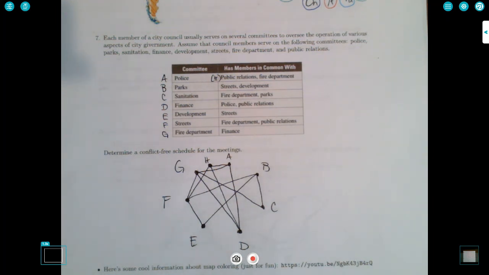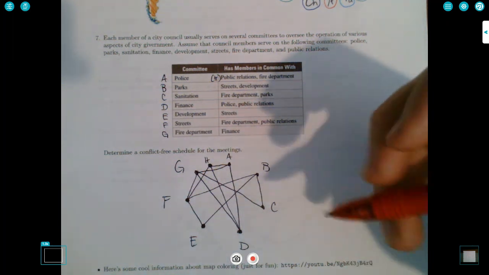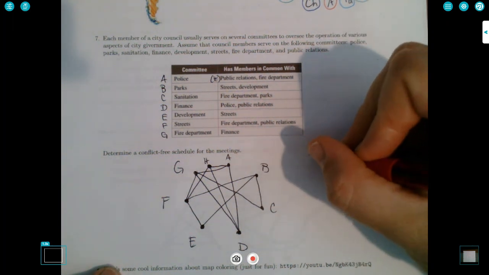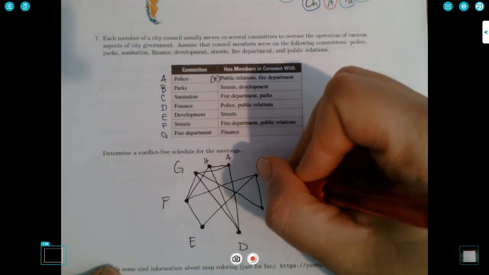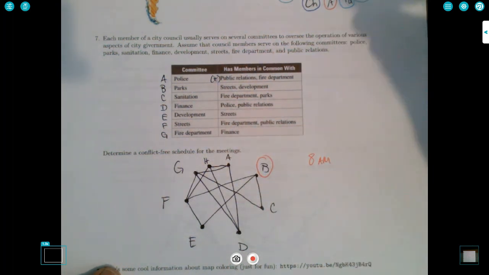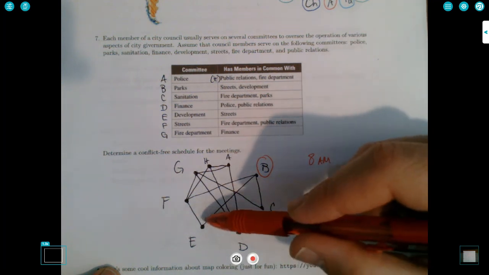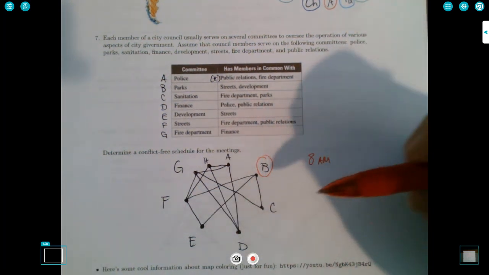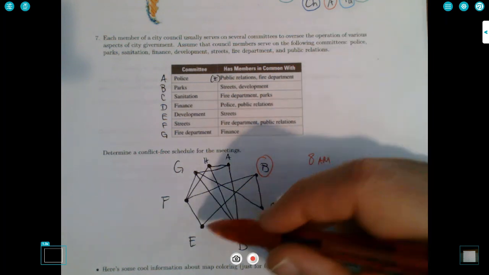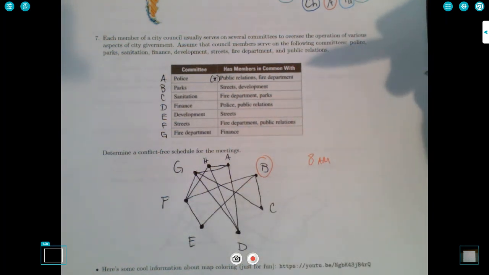Like whatever time B meets at, let's say that red represents an 8 a.m. meeting, right? And let's say that B meets at 8 a.m. Then that means that C, E, and F cannot also meet at 8 a.m. So I can't color C, E, and F in red, okay?